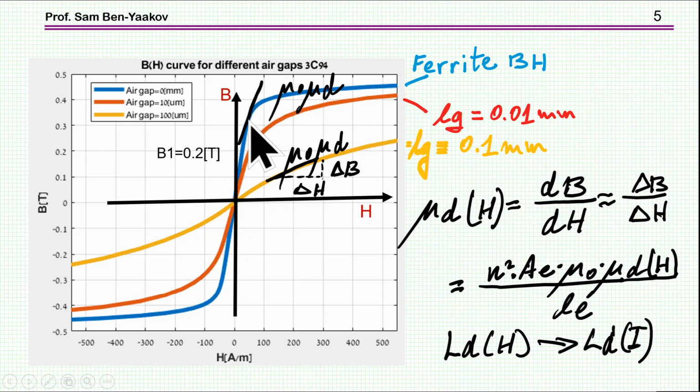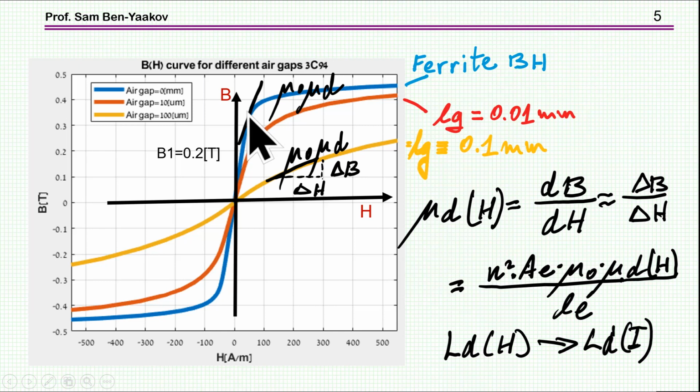So the permeability is actually the local slope, which is of course changing, but it is important to realize that we are talking about local, differential, or small signal permeability. Okay, so this is one way to define permeability. There are other ways. I'm not going to go into it in this presentation. In the paper that I'm citing, there is a whole discussion on that.